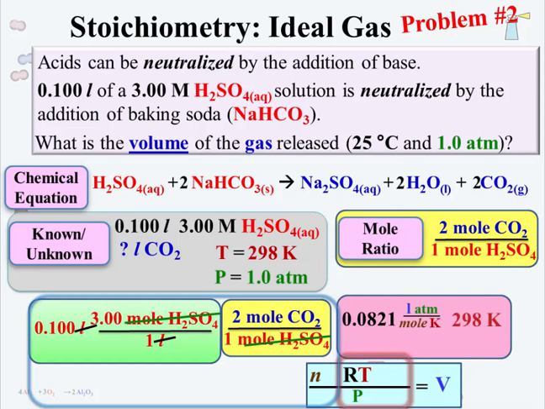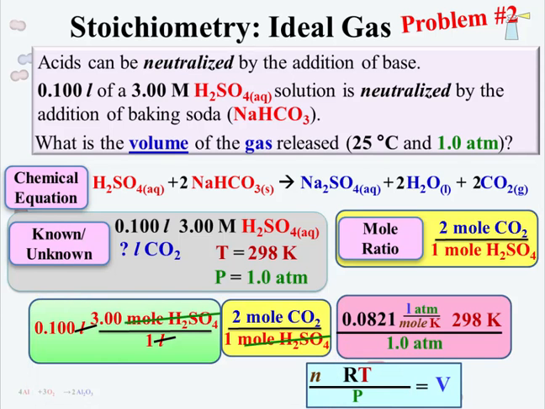From the setup, T is 298 K. And pressure is 1.0 atmospheres. This mathematical expression is n times R times T over P equals V.